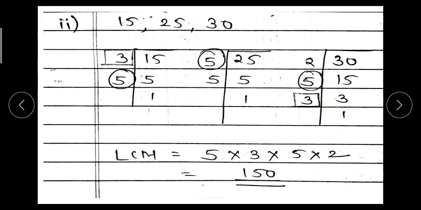Common factors are 5, 5, 5. So 5 is common. Then see here, 3 is common in these two, so 3 also I have written. And remaining are 5 and 2 which are uncommon. So 5 multiplied by 3 multiplied by 5 multiplied by 2 is 150. Clear everybody?